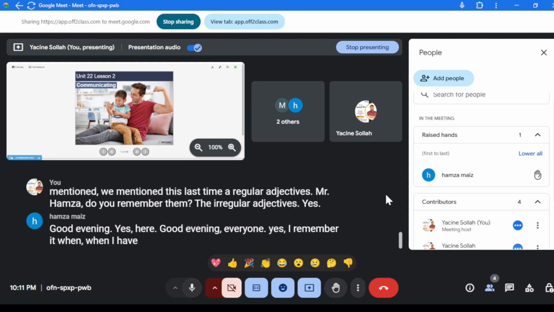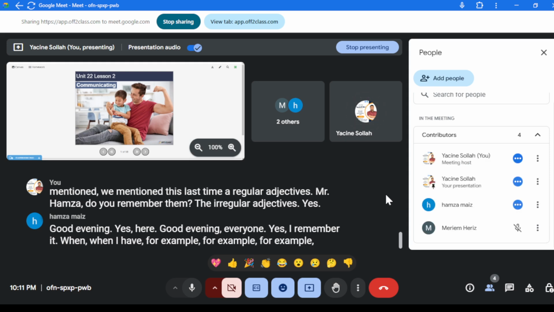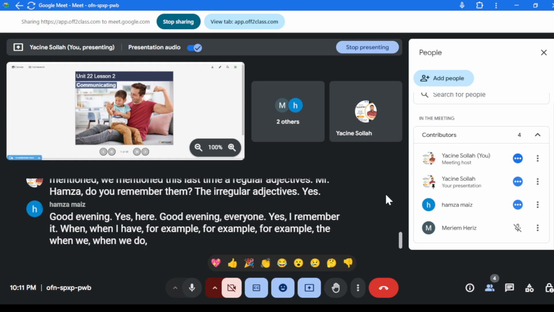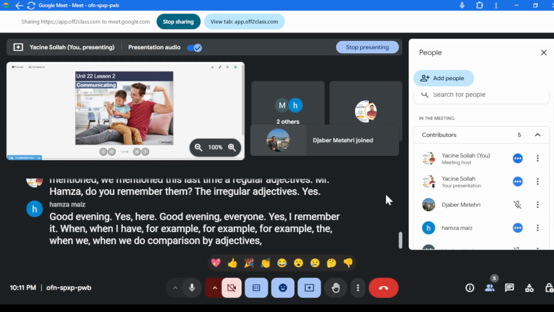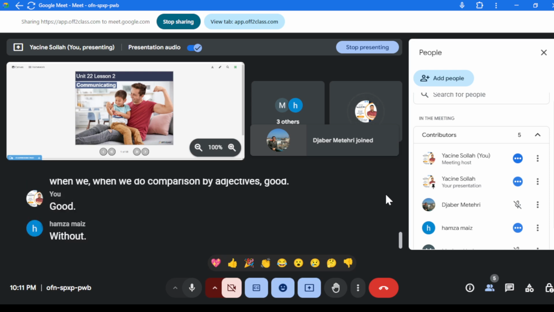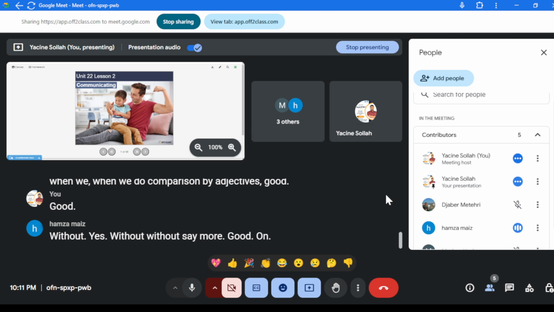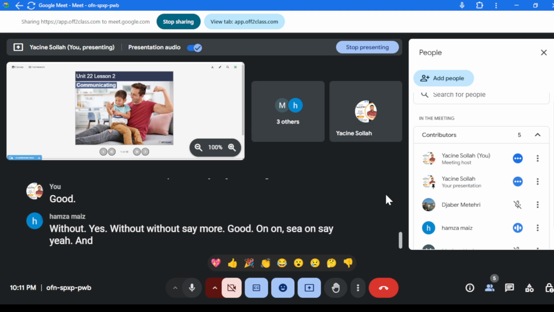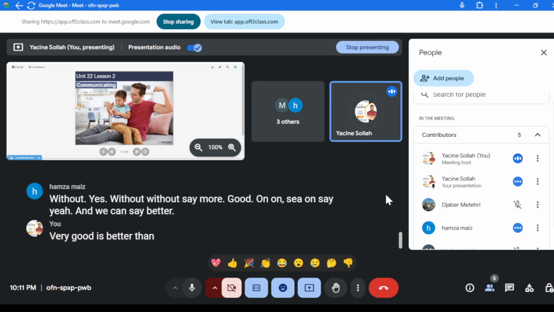When we do comparison with the adjective good, without saying more good, we can say better. Very good. Yes, better than.